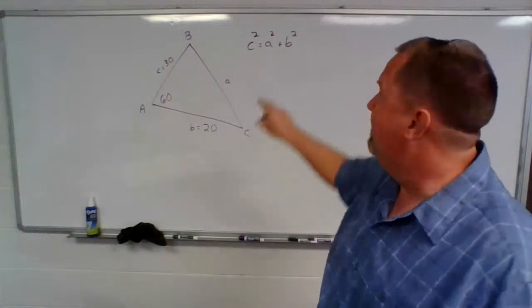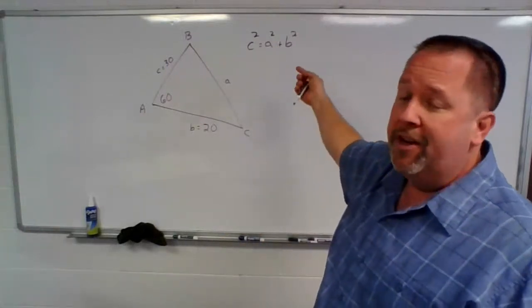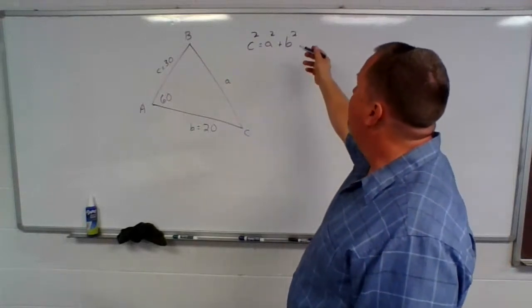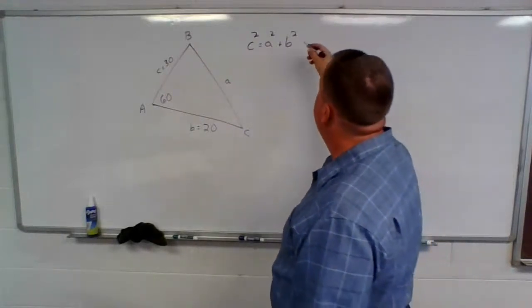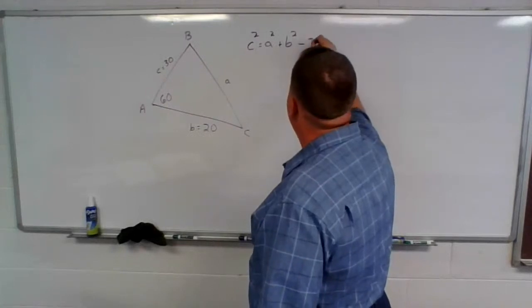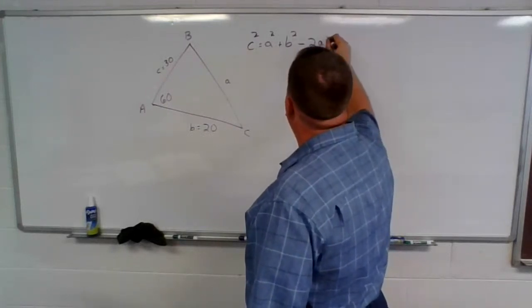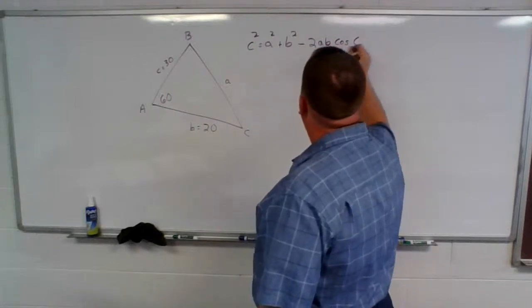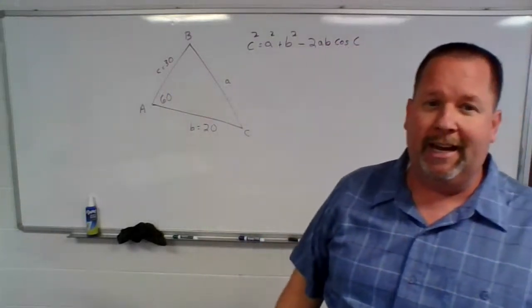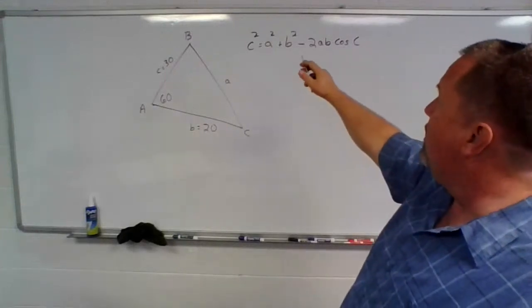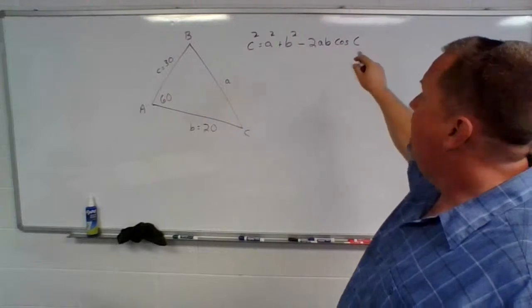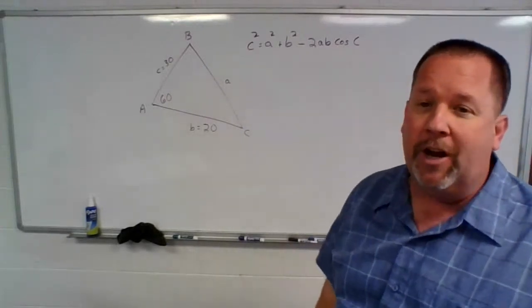It says there's this, but then there's more to it. c squared equals a squared plus b squared minus 2ab cosine angle C. All of that: c squared equals a squared plus b squared minus 2ab cosine C. That's the law of cosines.